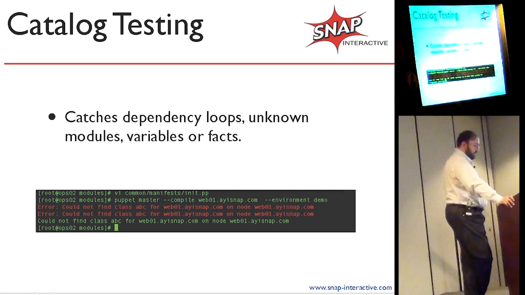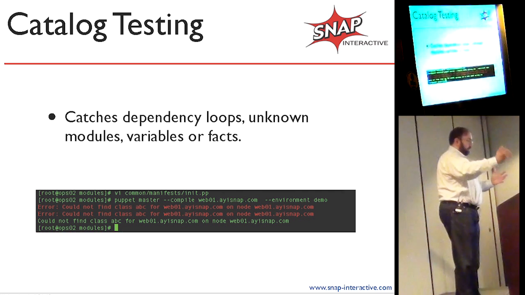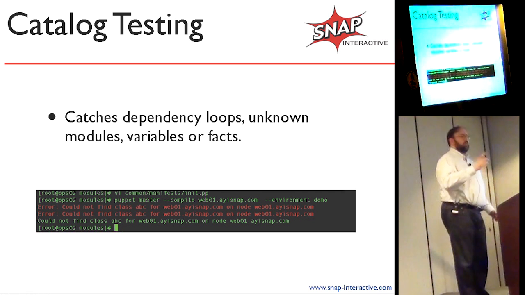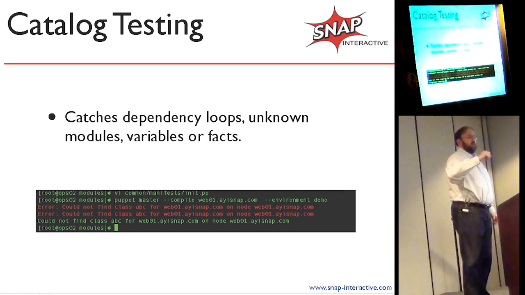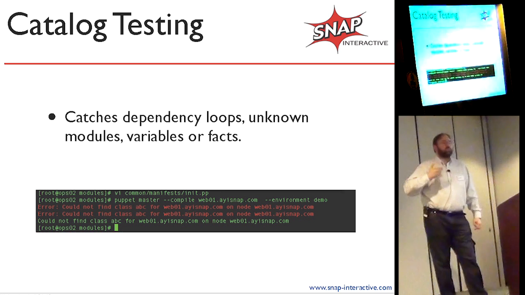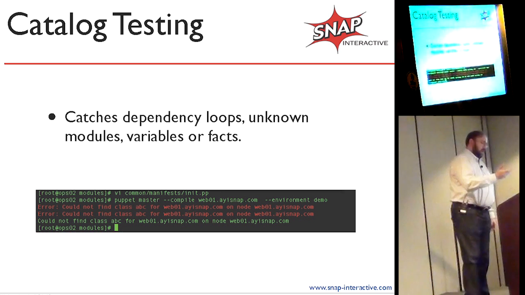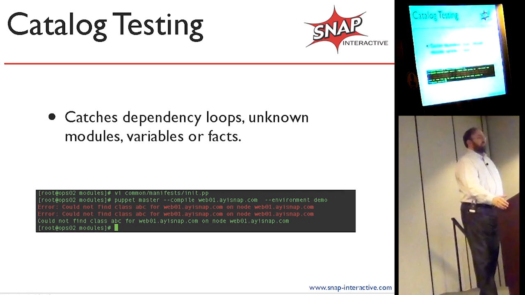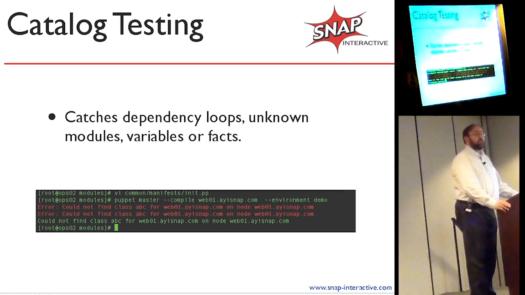For example, you can see I had gone into our common module and added class ABC. Include ABC. Well, a syntax check won't catch that. So this does, and it caught it before you actually deployed it. If you misspell something, a class name or something along those lines, this would catch that.